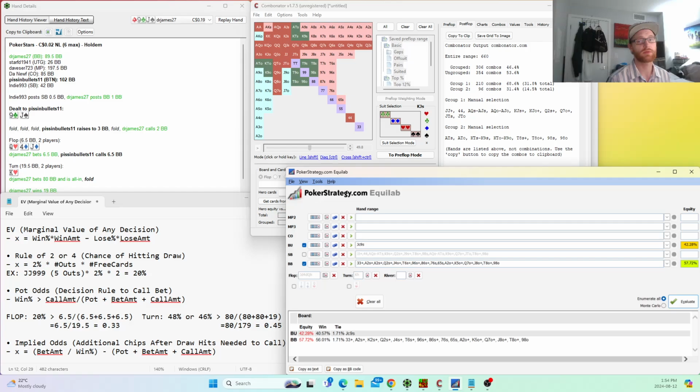Yeah. So I got 4 different windows here. This is a hand history window from a hand that I've saved in PokerTracker. And then there's another one, Notepad.